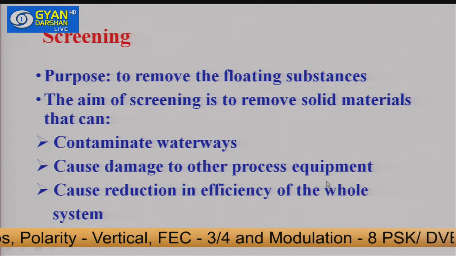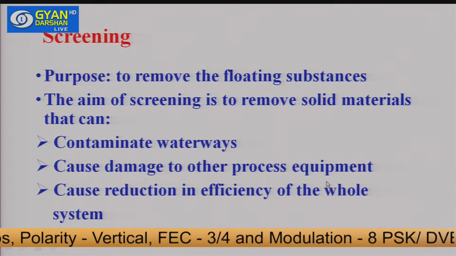Let us see the different types of screens, how we classify them. The screens are classified into three groups. One is fine screens, which have openings less than 6 mm. Then coarse screens, where the openings are between 6 mm and 150 mm.